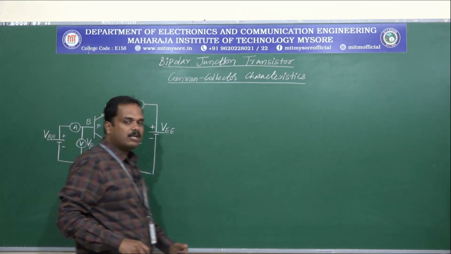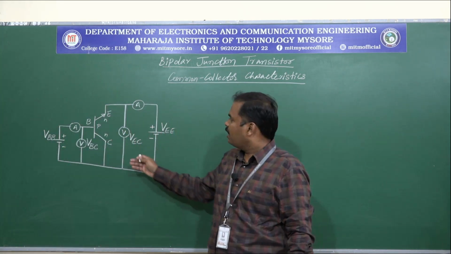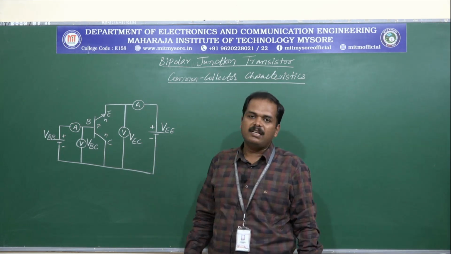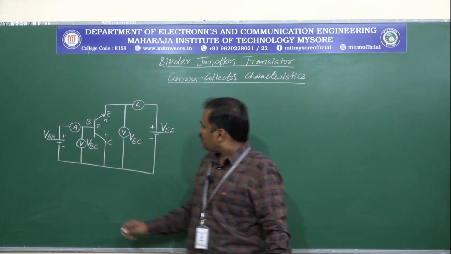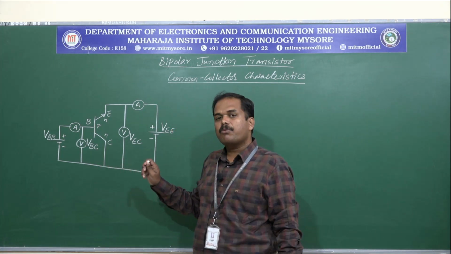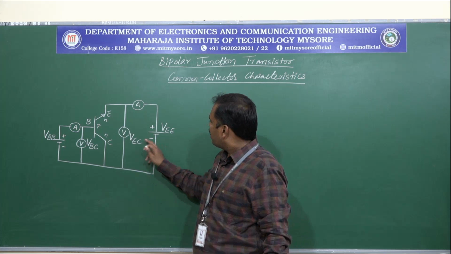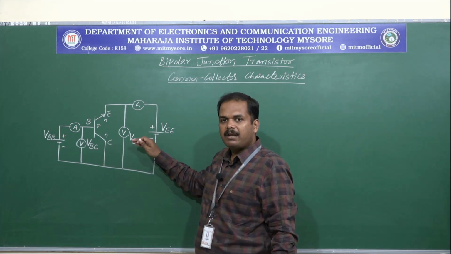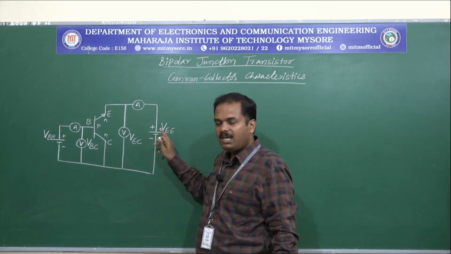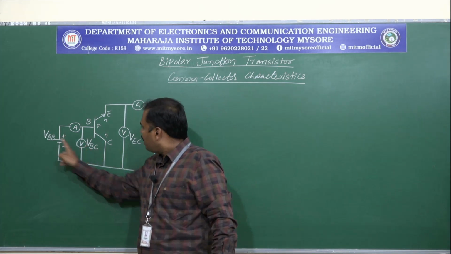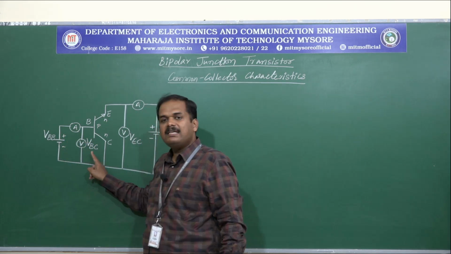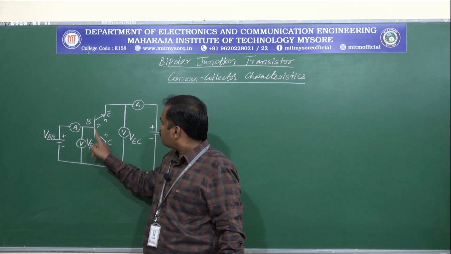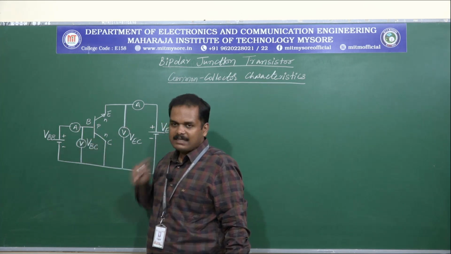So this is the circuit diagram what we have for determining the common collector characteristics, the input characteristics and the output characteristics. So now in order to plot the input characteristics, the output voltage VEC will be kept constant at a particular level by adjusting VEE, and we'll vary VBB to make the changes on VBC, and note down the corresponding changes on this ammeter.